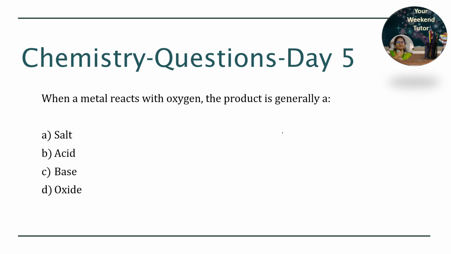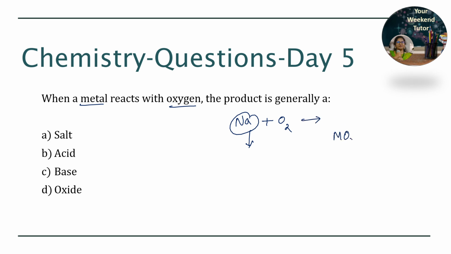So last question, when a metal reacts with oxygen, the product is generally, for suppose, think we have taken Na, sodium. This is a metal. So what is asked? Metal reacting with oxygen. So whenever a metal is reacting with oxygen, it forms metal oxide.